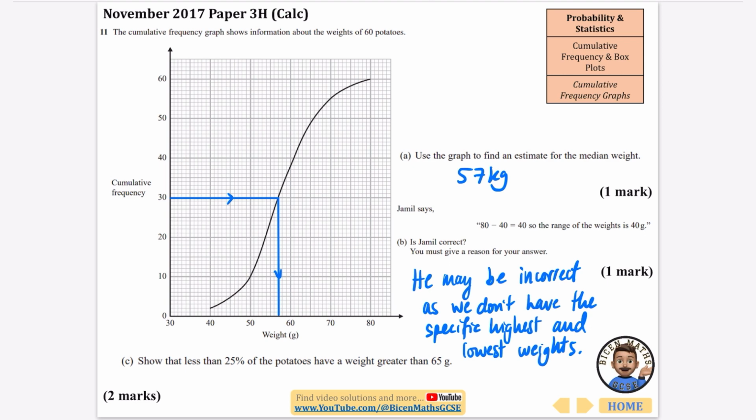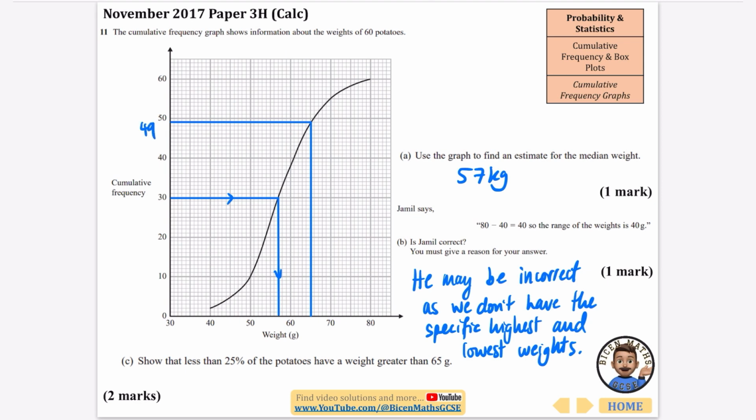Okay, and then part C, it says show that less than 25% of the potatoes have a weight greater than 65. So I'm going to go to 65 grams this time, and I'm going to look up from 65, and then look across. So that is 49.